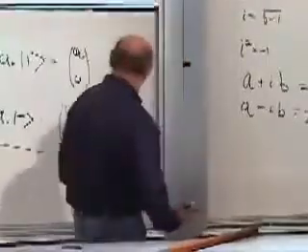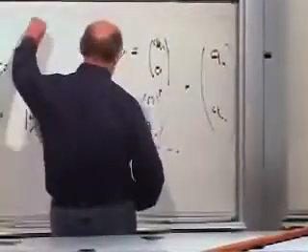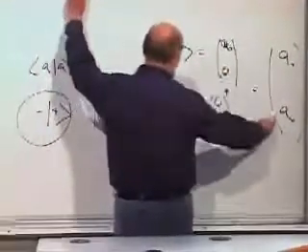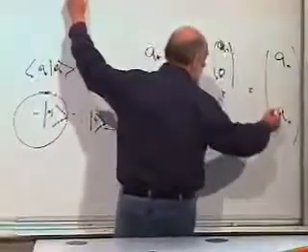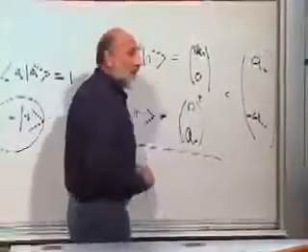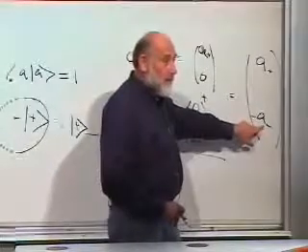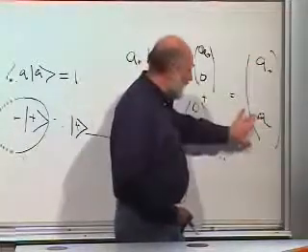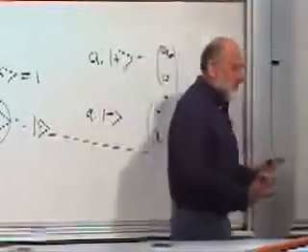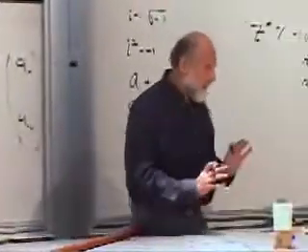However, when I add them, A plus and minus A minus are not the same. That is a different state with a minus sign here. But we'll come to that. It was something I was going to talk about, but not yet.